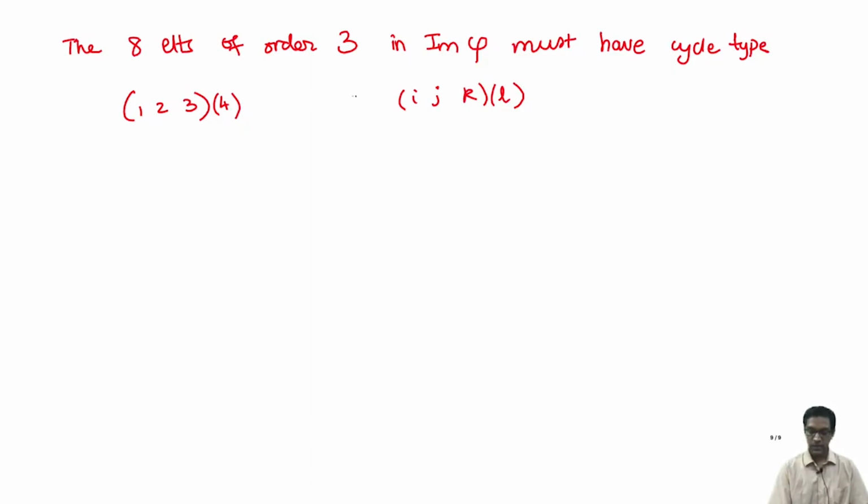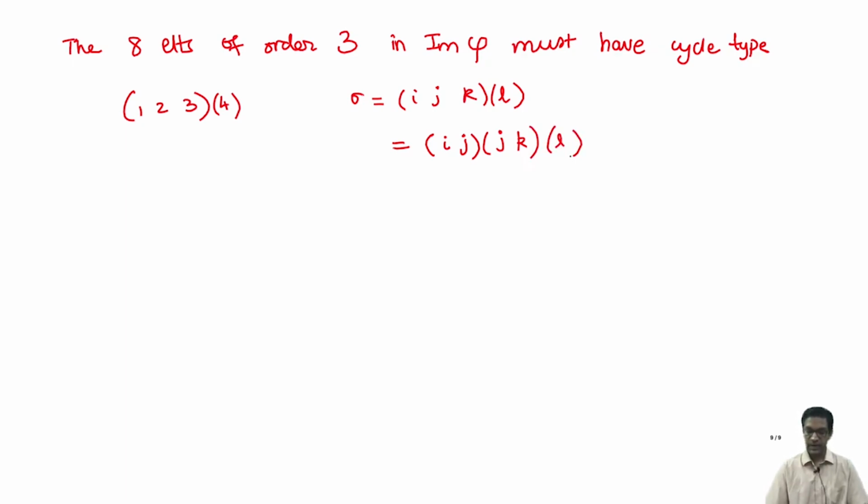Okay. Now the key point is, suppose I take an element of this form. This can be written as the product of the following transpositions. Let me get the order right. So this is (I J)(J K), the product of the transpositions (I J) and (J K), and L of course is not in a transposition, so it's a fixed point.